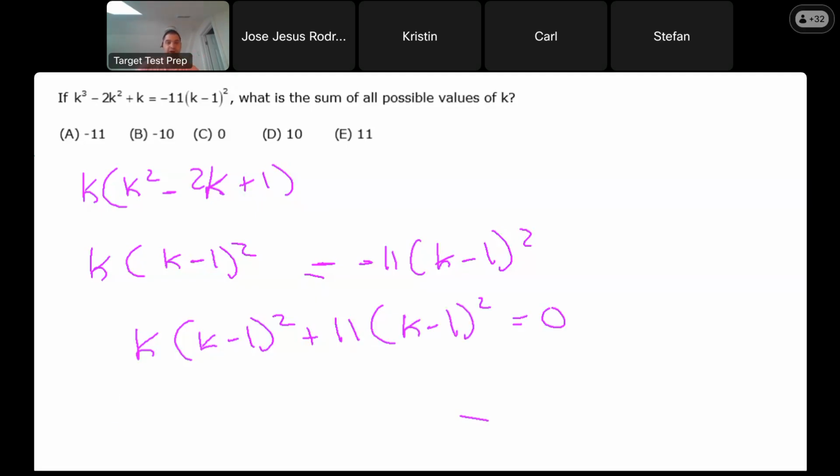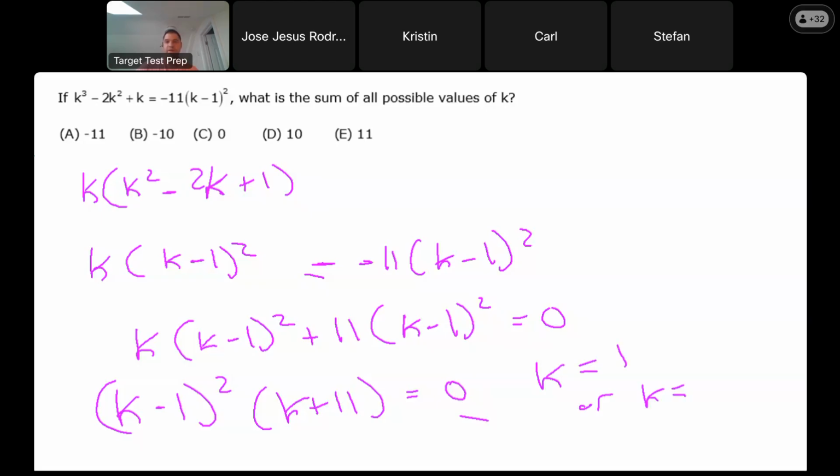And then you pull this out, and then you're left with K plus 11. And then, yes, K is equal to 1 or K is equal to minus 11. Any questions about that from anybody? Just make sure you're not dividing out when you can. As long as you do that correctly, you'll be in good shape.